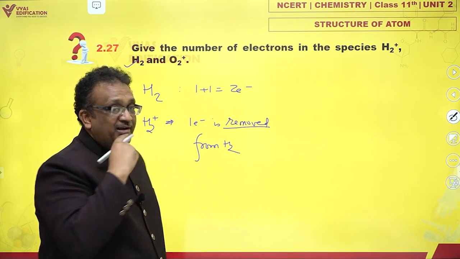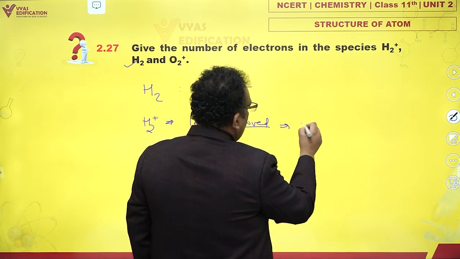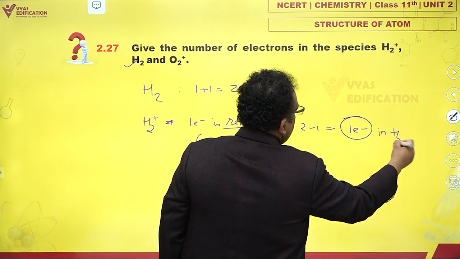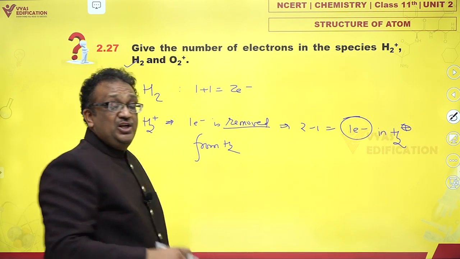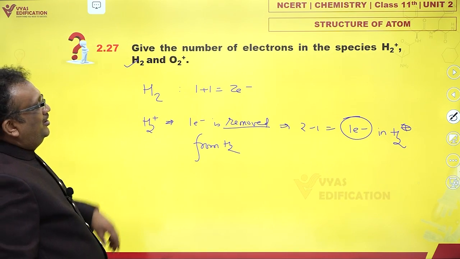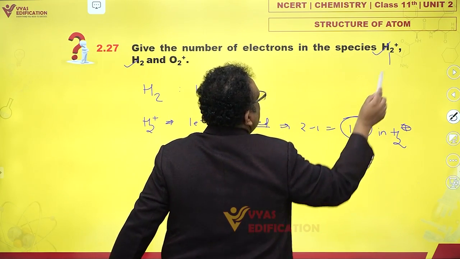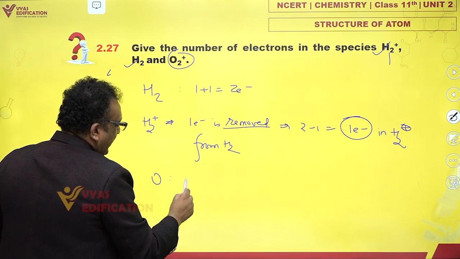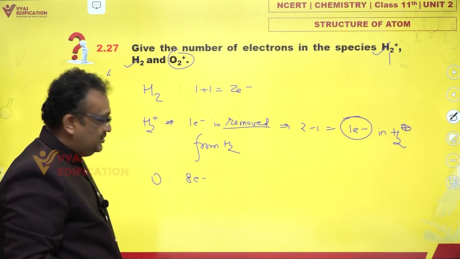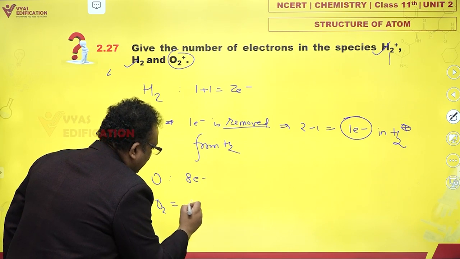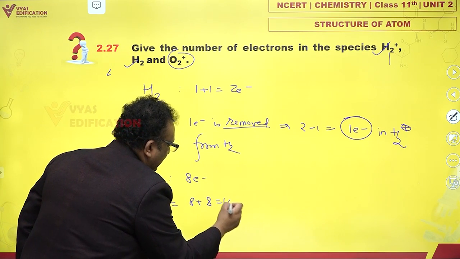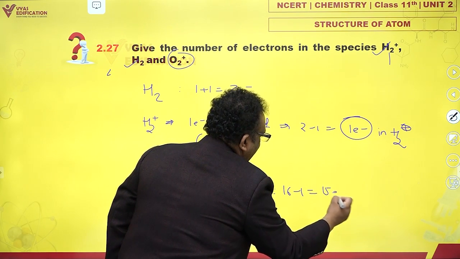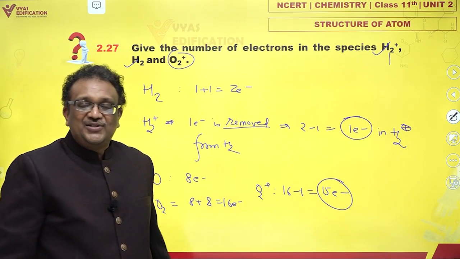But H2 already contained 2 electrons. So 2 minus 1, that is 1 electron in H2+. Please note, if you have a plus charge, you have removed an electron. What about oxygen? Oxygen contains 8 protons and 8 electrons. So O2 contains 8 plus 8, 16 electrons, and O2+ contains 16 minus 1, which is 15 electrons. That's it.